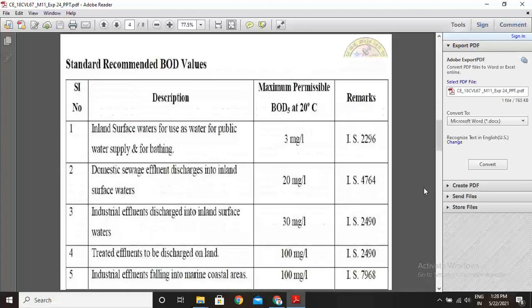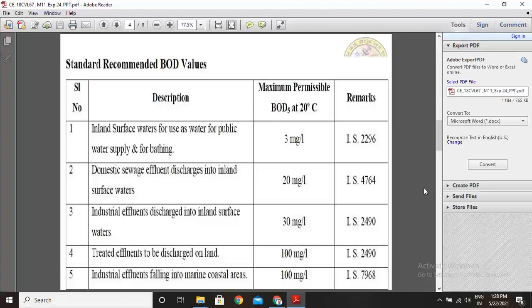Now this table shows the standard recommended BOD values. Inland surface water for use as public water supply and for bathing: the maximum permissible BOD at 20 degrees centigrade is 3 mg per liter as per IS 2296.